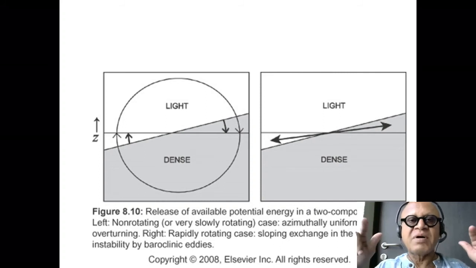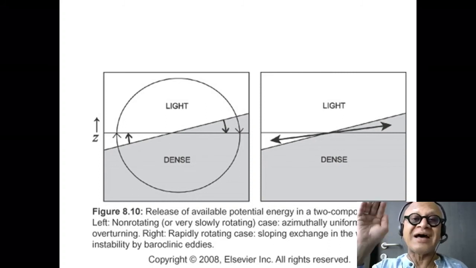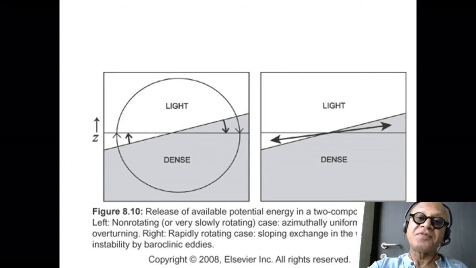We are kind of combining concepts now. We have already seen the cold front and the warm front, where the warm air was going poleward and upward. Cold air was coming equatorward and downward. Right? So this is what general circulation is all about.